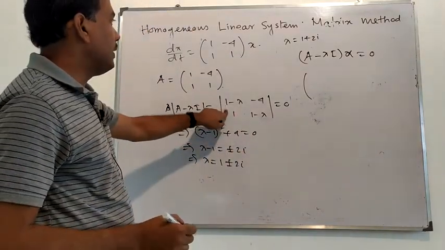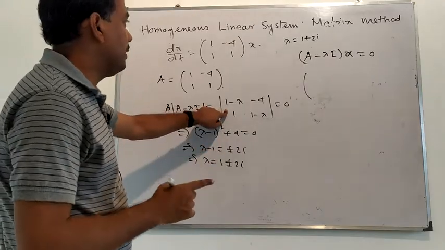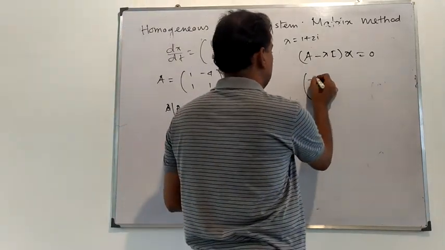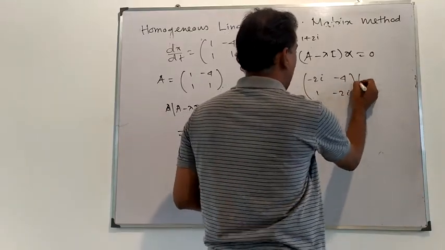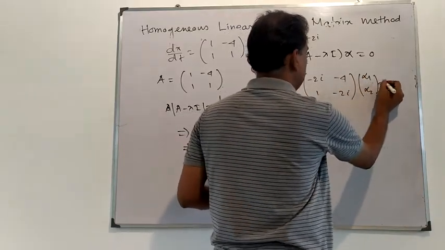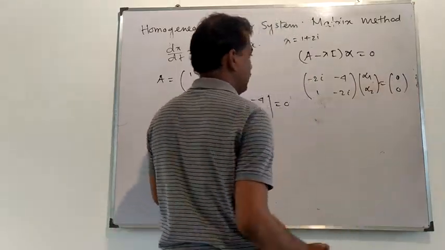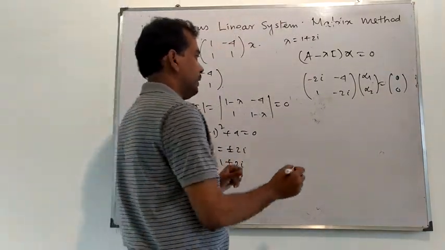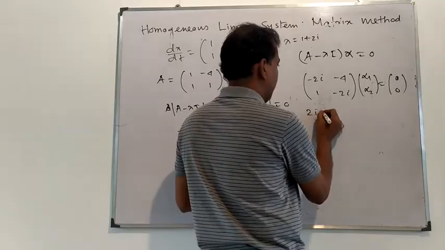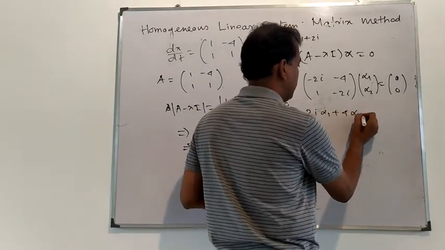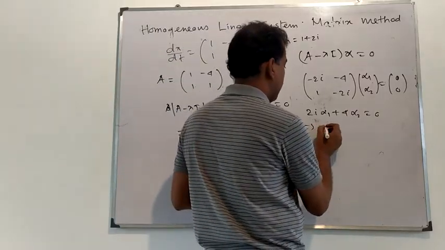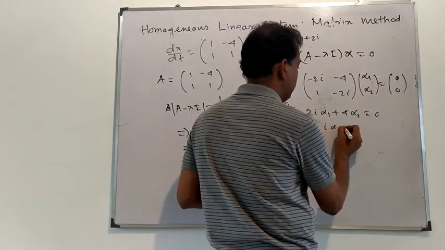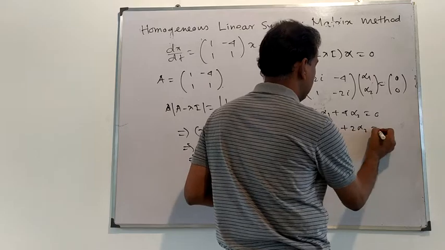So 1 minus lambda is equal to minus 2i, so (minus 2i, minus 4; 1, minus 2i) alpha 1 alpha 2 equal to 0 0. So we get minus 2i alpha 1 minus 4 alpha 2 equal to 0, implies i alpha 1 plus 2 alpha 2 equal to 0.